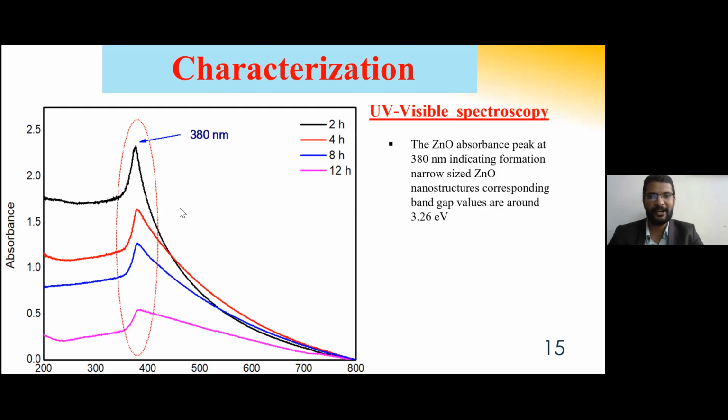This indicates that with change in reaction time, I get a different morphology of zinc oxide. Here, the peak becomes slightly broader with change in reaction time, at 4 hours, 8 hours and 12 hours, indicating the particle size goes on increasing with increasing reaction time.